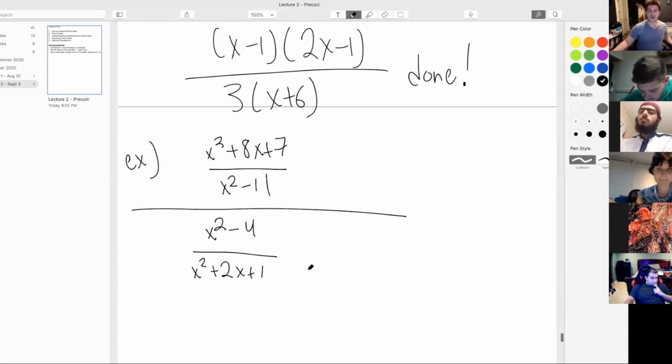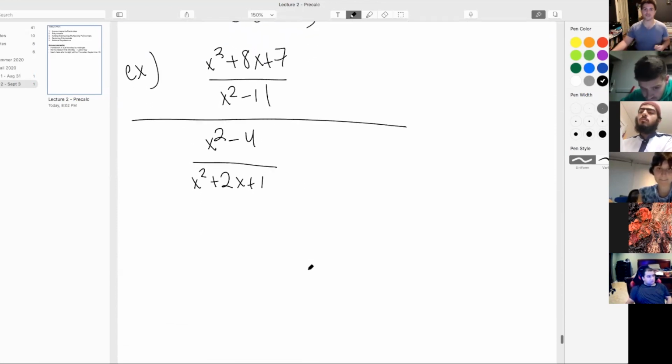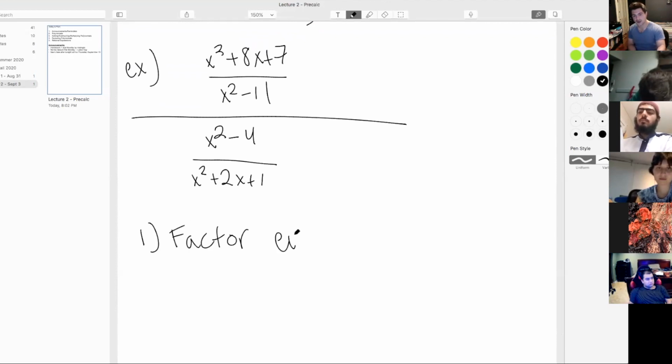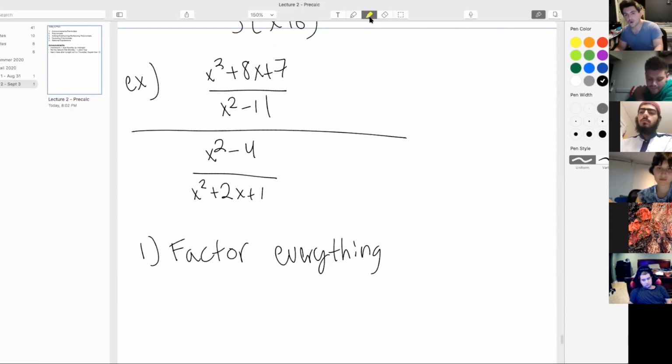This is like a factoring crash course, because we have to factor everything. Step 1 is to factor everything. When you do these types of questions, you get nice practice with factoring.